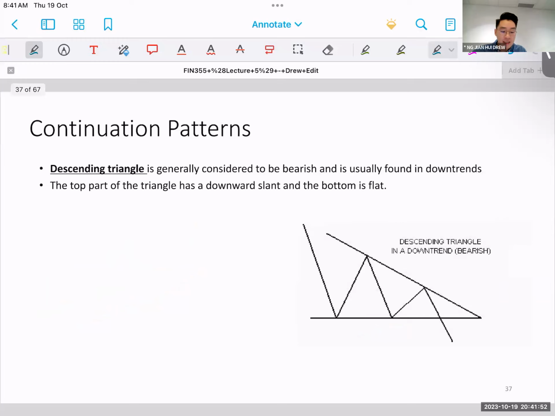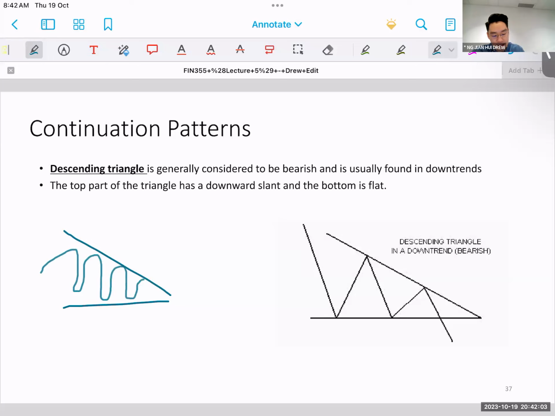Now, on the reverse, if we see a descending triangle, where there is a flat bottom and a slanted top, the price goes like this and then most likely cuts down. So in general there is a downward trend, a bearish trend in the market.